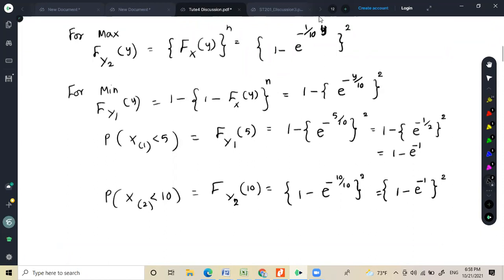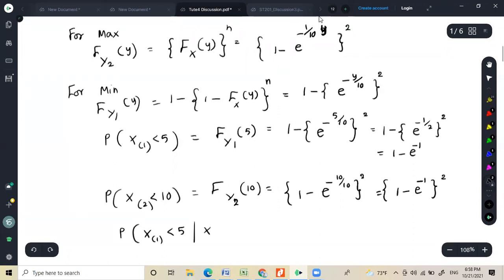So what is the answer? The probability that X1 is less than 5 given X2 is less than 10 is the probability of X1 less than 5 and X2 less than 10 over the conditioning probability.